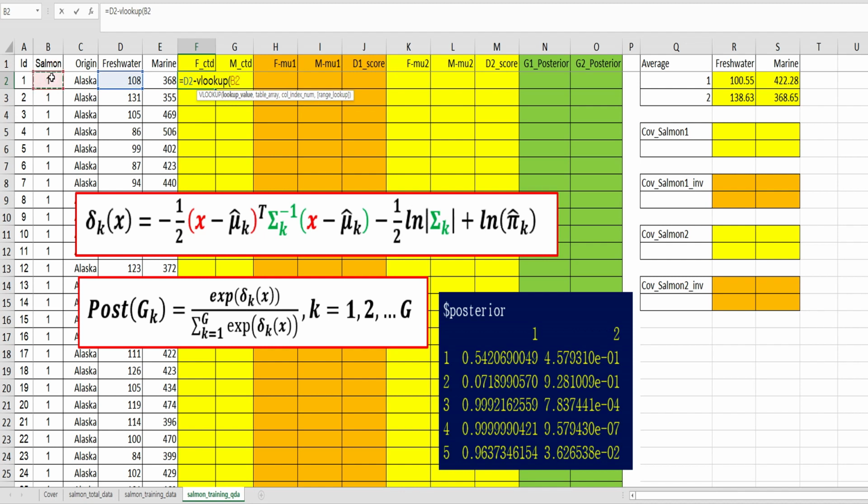Lookup value from column B, comma, and table A, press F4, comma 2, first. And for marine centered value, marine minus, same approach, we look up, press F4, comma 3, first.